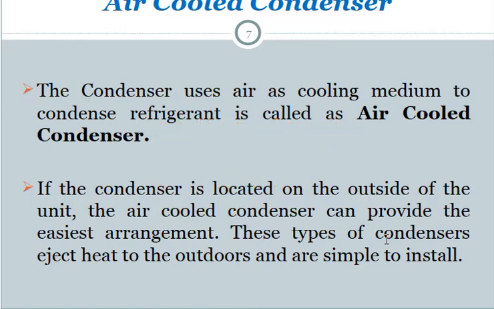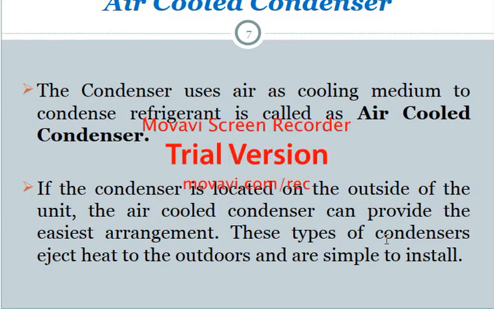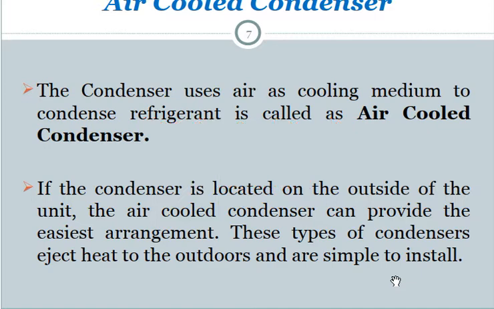If the condenser is located on the outside of the unit, the air-cooled condenser can provide an easy arrangement. These types of condenser eject heat to the outdoors and are simple to install. So it works similarly to a radiator.